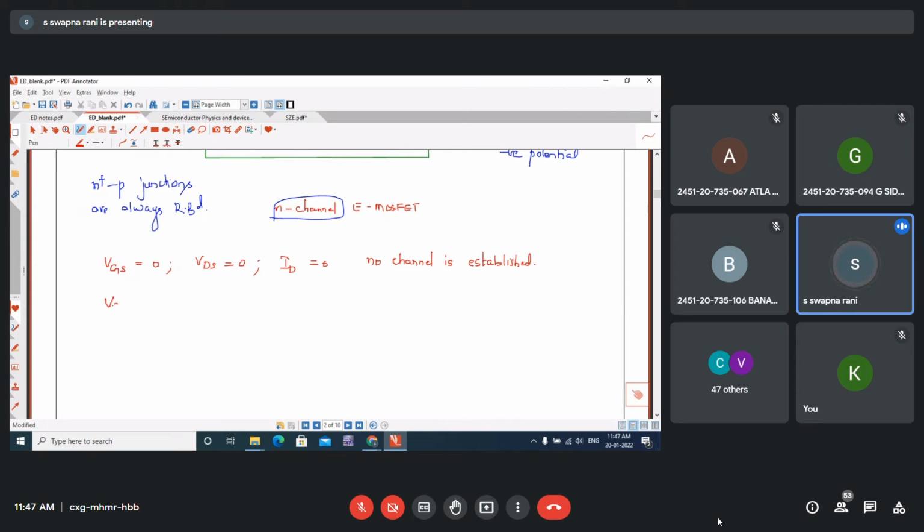So let us say we give some positive voltage on the gate, VGS.